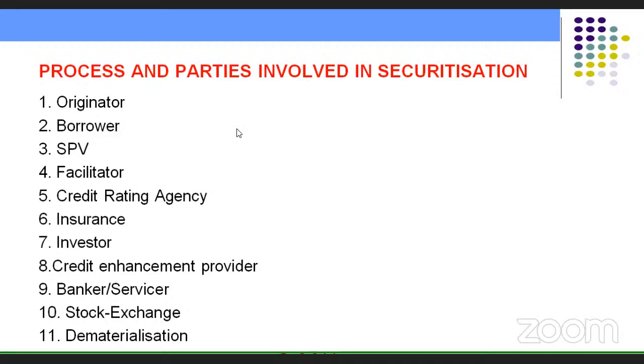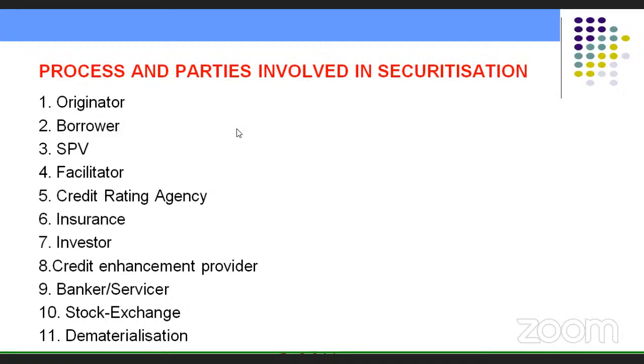Once the pool of assets is received by the special purpose entity, it will appoint financial engineers to design the instrument that reflects the cash flows from the pool of assets, and finance markets to sell them in the market. These securities are traded in the market and will be like other debt securities.